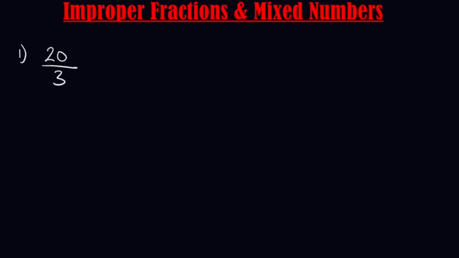So let's say we have this improper fraction right here, 20 over 3. And we want to write this as a mixed number. So we can rewrite this improper fraction as a division problem. So 20 divided by 3. And let's just do that over here. So 3 into 2 we can't. 3 into 20 goes 6 times. 6 times 3 is 18. 18 from 20 will leave 2.